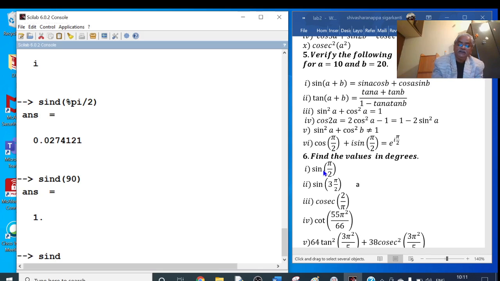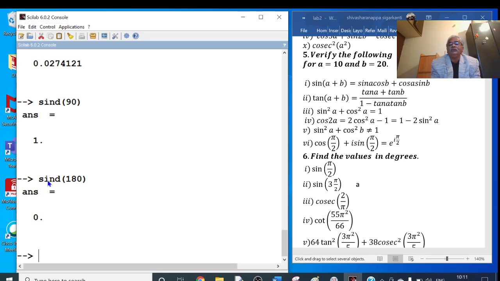Sin d, bracket, 180. Is this equal to 0? Yes, this is equal to 0. So if you write d here, then this will be treated in terms of degrees. If you just write sin, then whatever you write here will be treated in terms of radians.